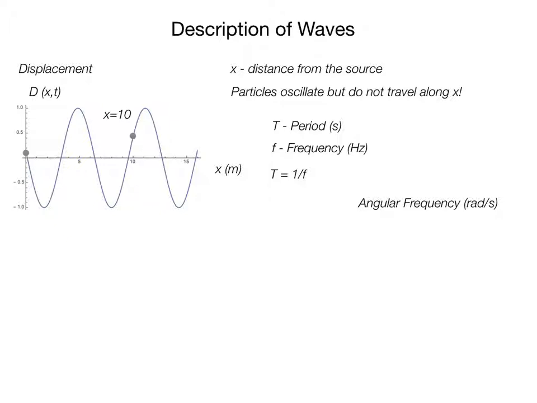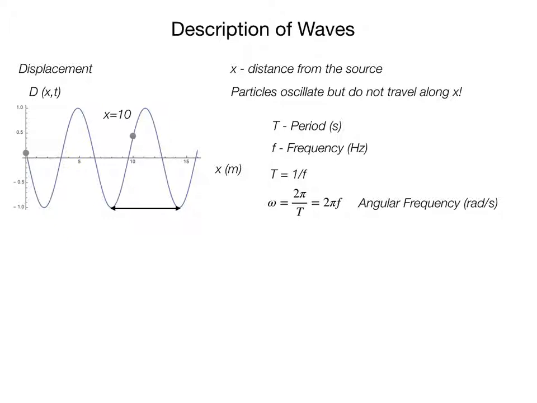We use the Greek letter omega, measured in radians per second, and from oscillations we already have the relationship between omega, the period, and the frequency. Here it is given again: omega will always be equal to 2 pi over T, the period of oscillations of all those particles along the wave, or also omega is equal to 2 pi f, where f is the frequency in hertz.